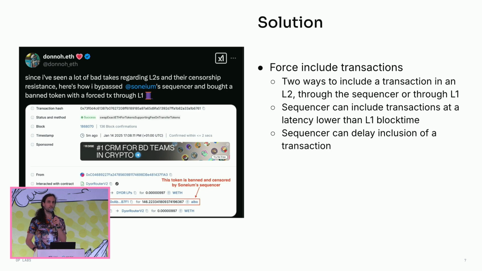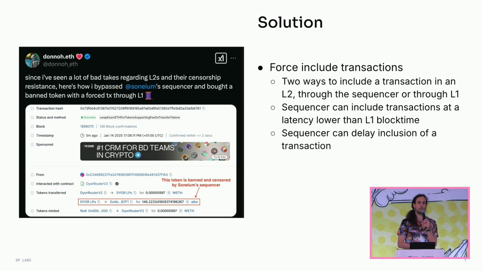So thinking in terms of the OP stack and L2s, there's this idea of force include transactions. There are basically two ways to include a transaction into an OP stack based L2. You can either go through the force include path, which is a little bit slower, or you can go directly to the sequencer path, which is a little bit faster.